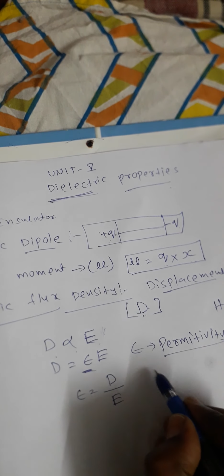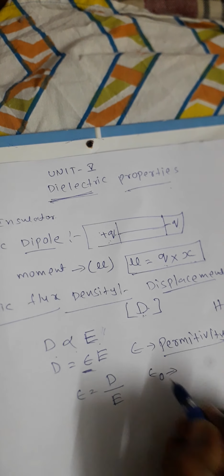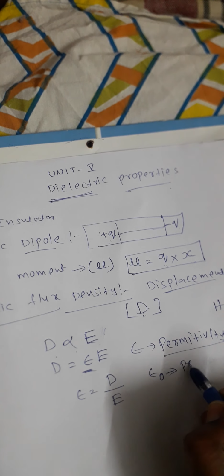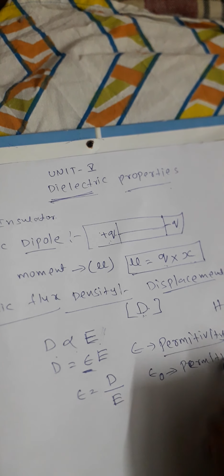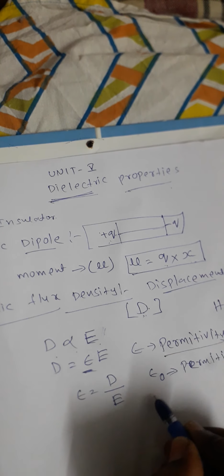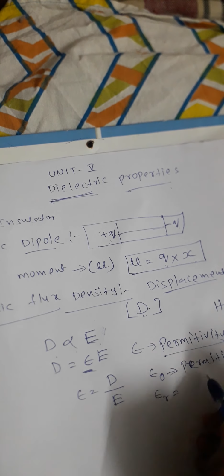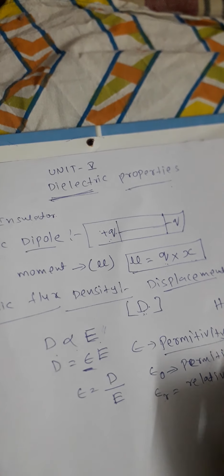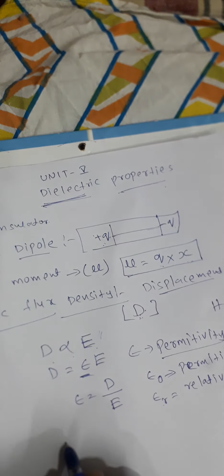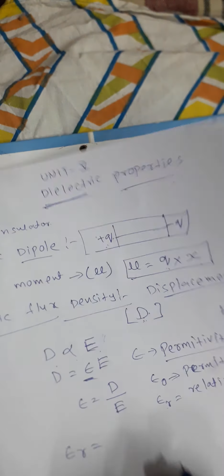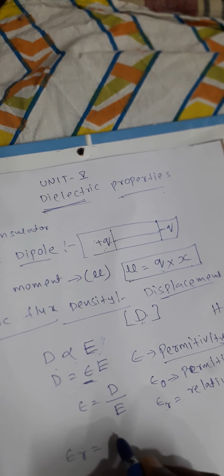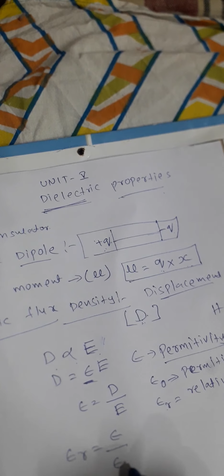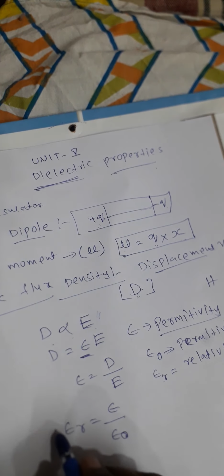Epsilon naught is the permittivity of free space. Epsilon r is the relative permittivity, which is the ratio of the permittivity of the medium to the permittivity of free space.